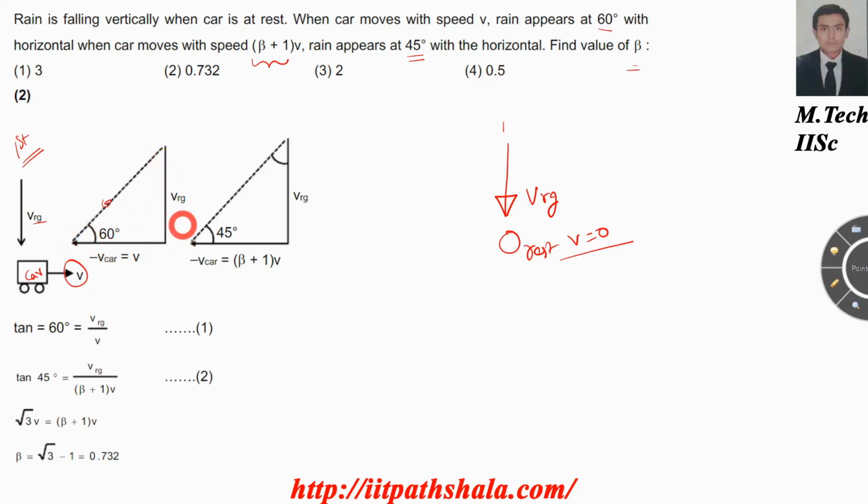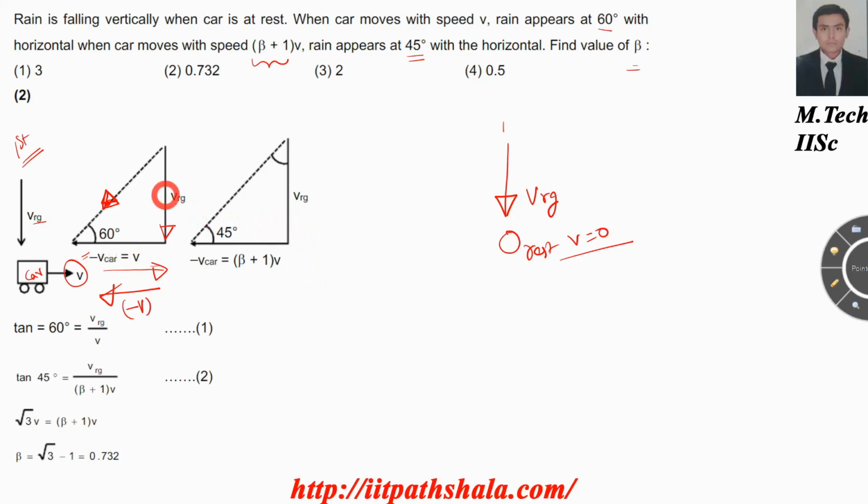So this is the falling velocity of the rain, this is the velocity of the rain I will be encountering, and in this direction I was moving. So I have reversed this direction as follows, stating that my vector is now a negative vector. That's why I have taken a negative for the car itself.